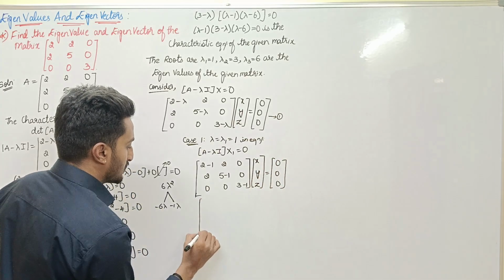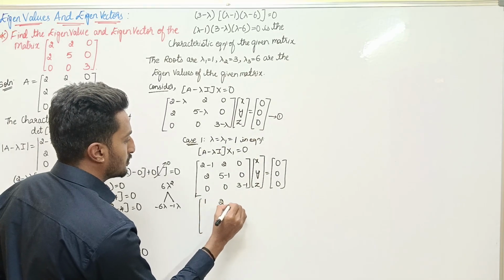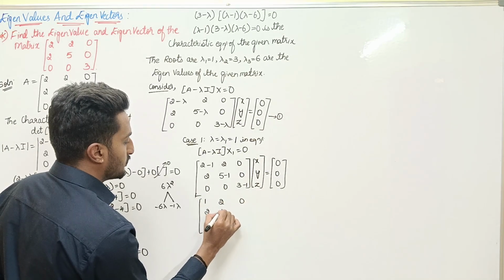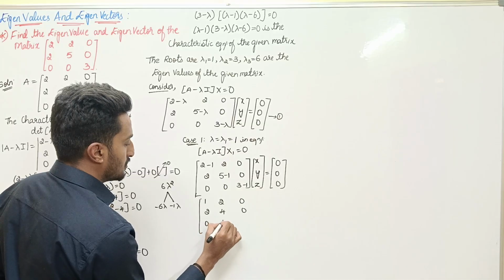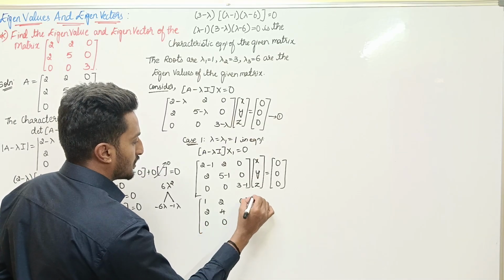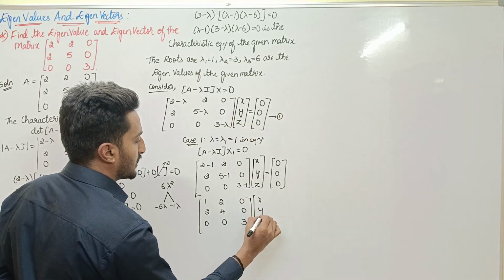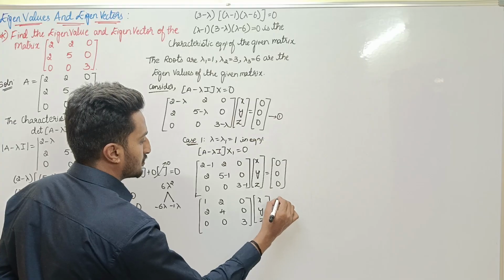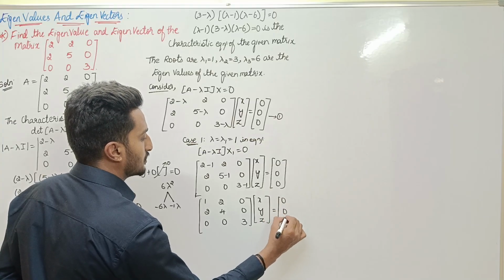Now, after simplifying, you get 1, 2, 0, 2, 4, 0, 0, 0, 2, into x, y, z, equal to 0, 0, 0.